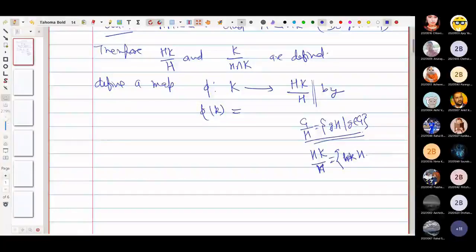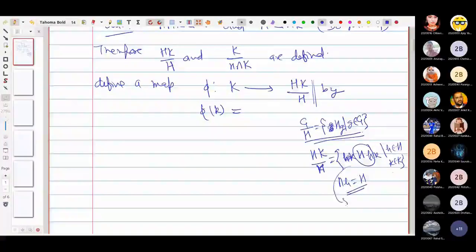the other way also you can write. If you are taking left coset or right coset, it depends. So if you want, you can write here also, there is no problem, h times k, where h belongs to capital H and k belongs to capital K. Because small h belongs to capital H and H is a subgroup, H times H is going to be equal to H because H is closed.